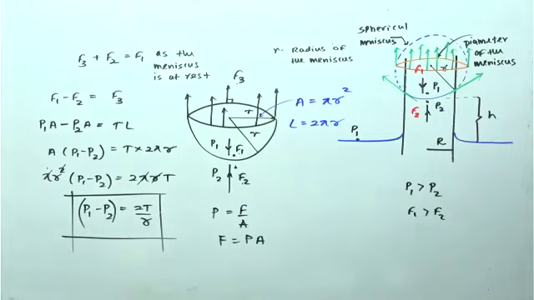Simple R, radius of the meniscus. Okay, right.